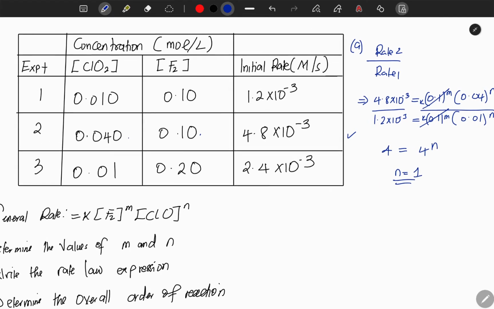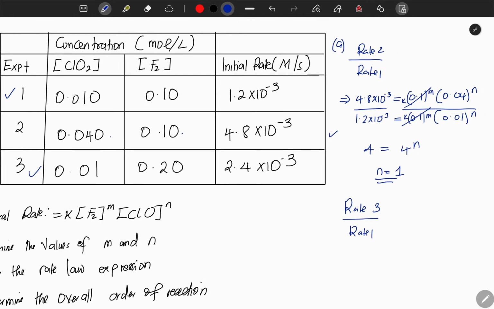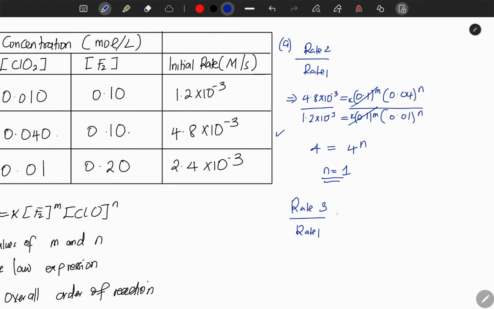For us to find M, we know that we can use experiment 1 and 3 because these two can cancel. So we can say rate 3 over rate 1. What do we get? Rate 3 is 2.4 times 10 to the power negative 3 over rate 1, which is 1.2 times 10 to the power negative 3, equal to K, and down here K as well.